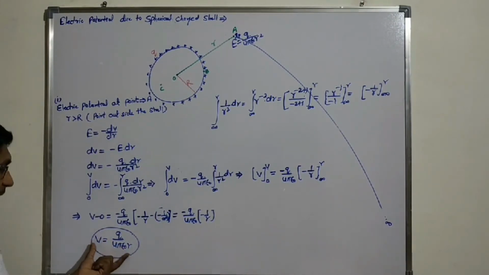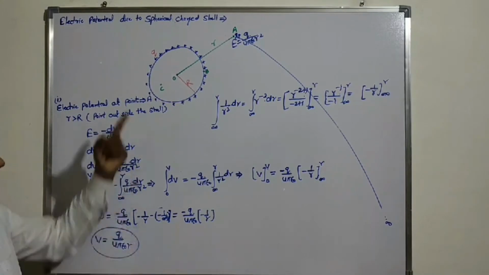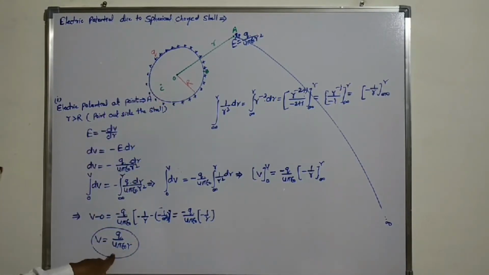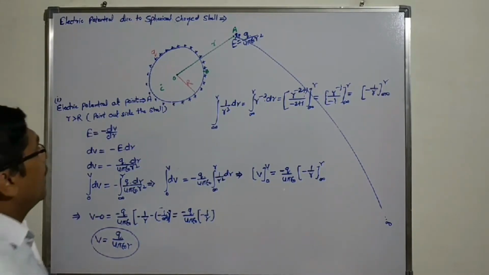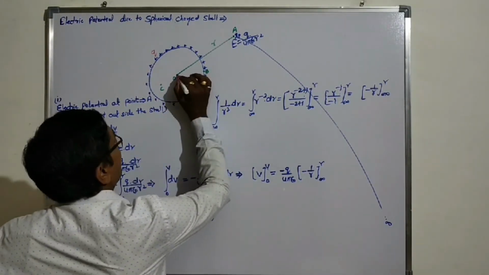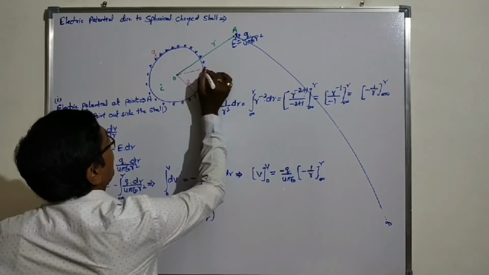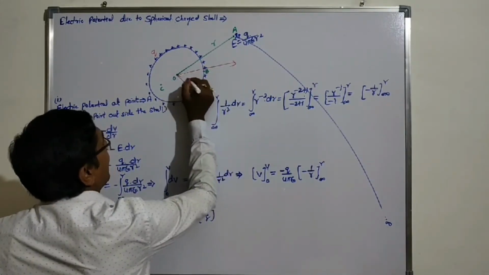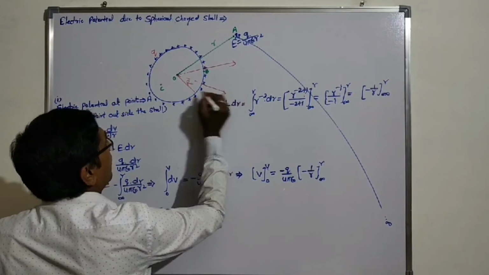That's why the expression V equals Q upon 4 pi epsilon naught R equals the electric potential due to a point charge, because electric lines of force originate perpendicular to the surface and extend backwards.